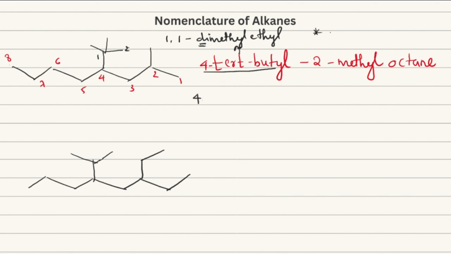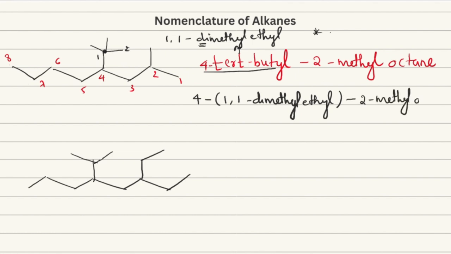Therefore, at fourth position, we have 1,1, right? Dimethyl. The longest chain is ethyl. Close the bracket, right? And then at the second position, we have methyl octane.